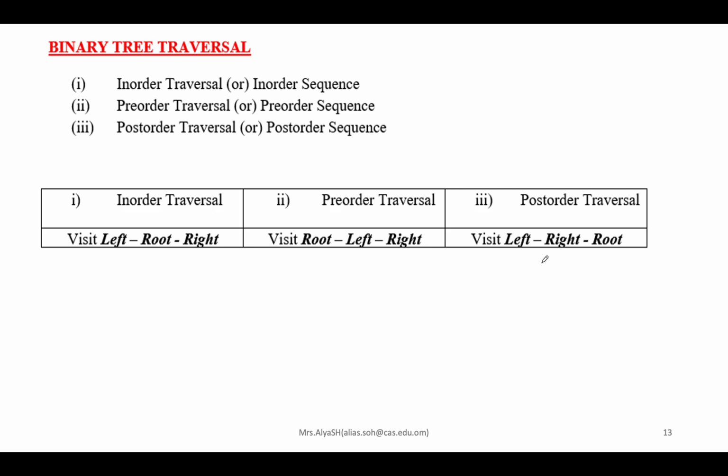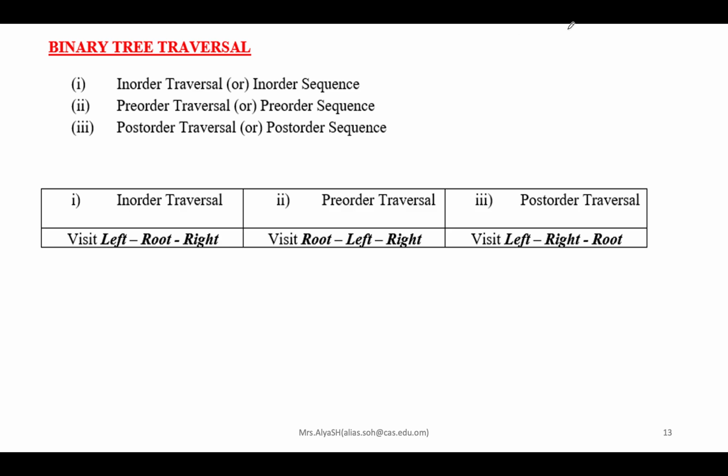Now we have something called binary tree traversal, which is basically the process of visiting every tree node exactly once in some order.